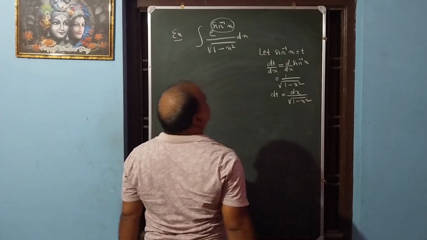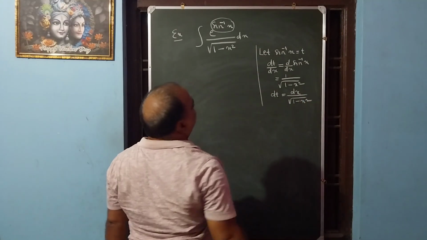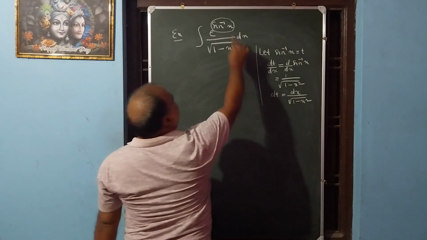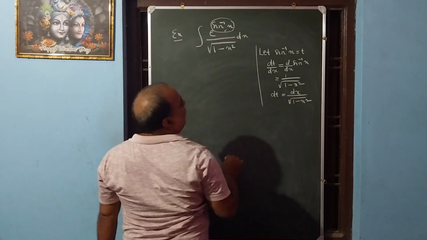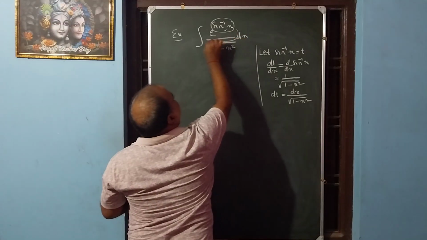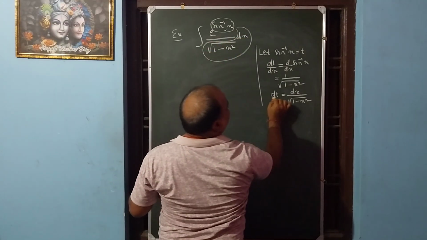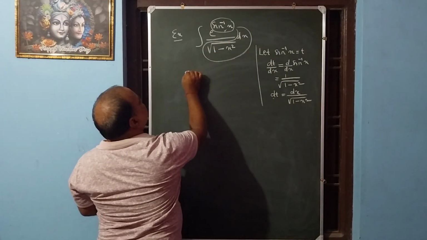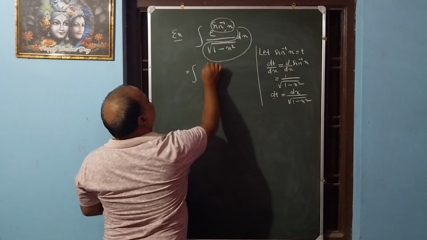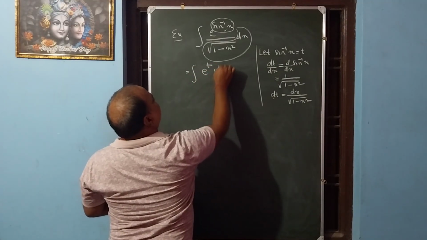Now we put t in place of sin inverse x and this quantity is replaced by dt. So the integral becomes e to the power t dt.